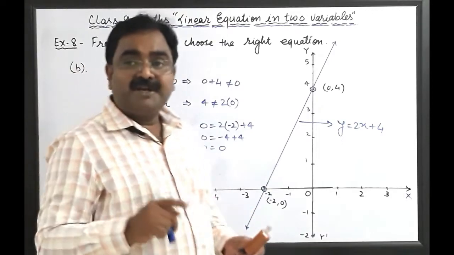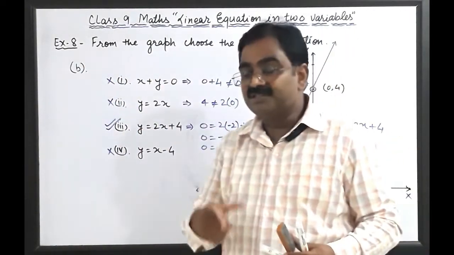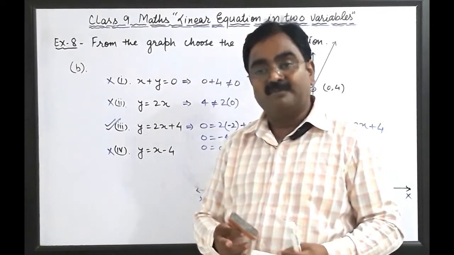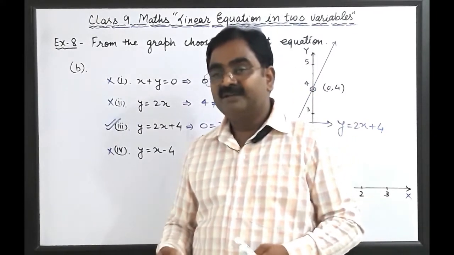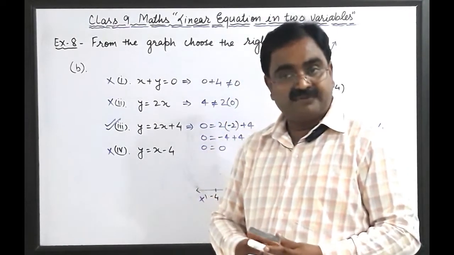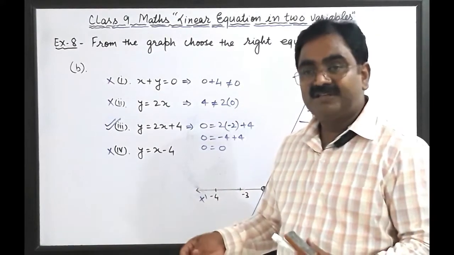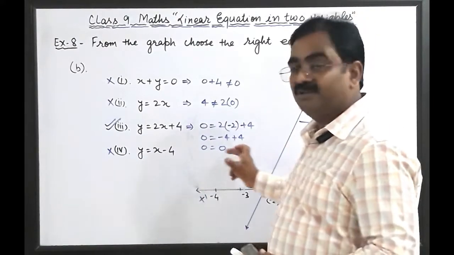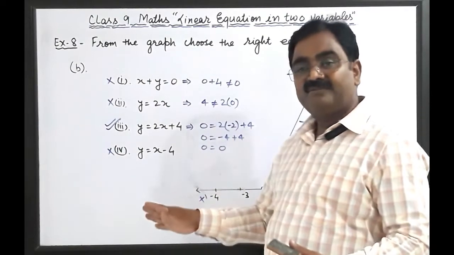The important thing is, now we have completed all the examples related to this exercise. You have to complete the coming exercise. I think it is 4.3, which is related to the graph of the linear equation in two variables, and we have read very nicely and clearly how to draw the graph and how to recognize the equation from the given graph.